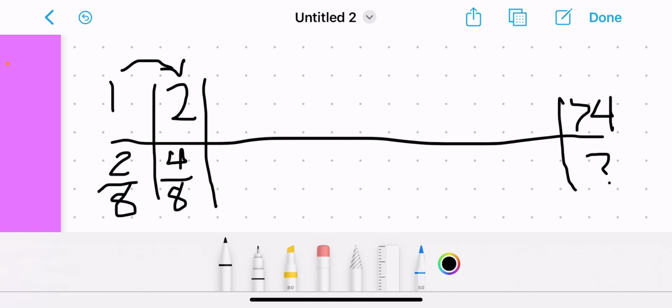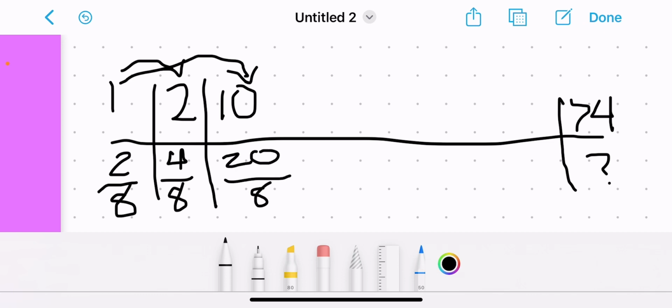The next thing I'm going to do is find 10. I think that if I added 2/8 10 times, that would be the same as 20/8.